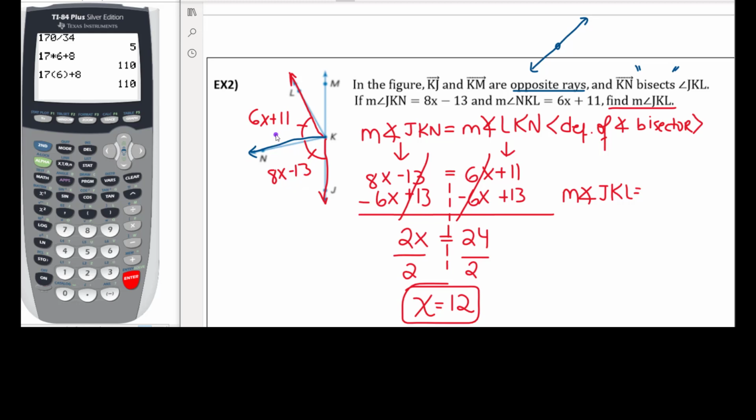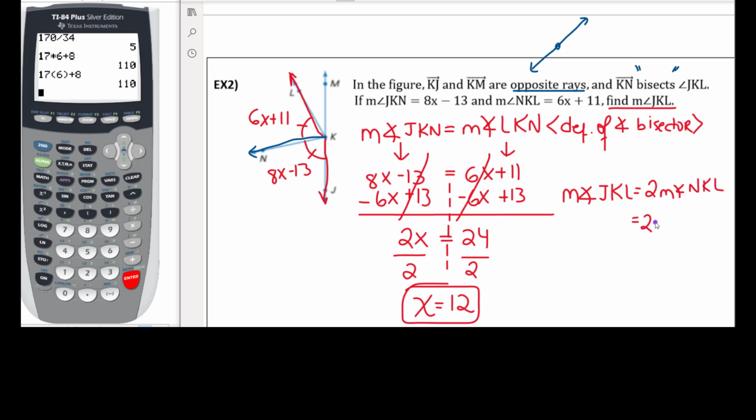You could do this plus this, or you could do 2 times this one or 2 times this one. Doesn't matter which way you go. I'm going to do it by saying that this angle here is 2 times this angle here, NKL. So the measure of angle NKL.